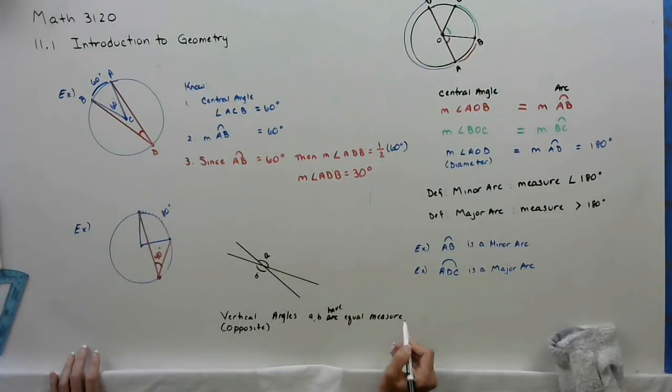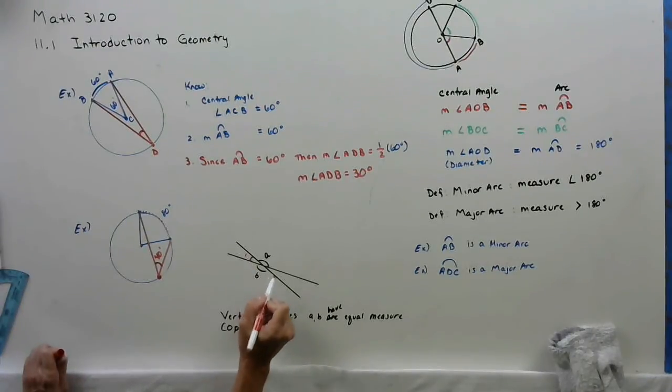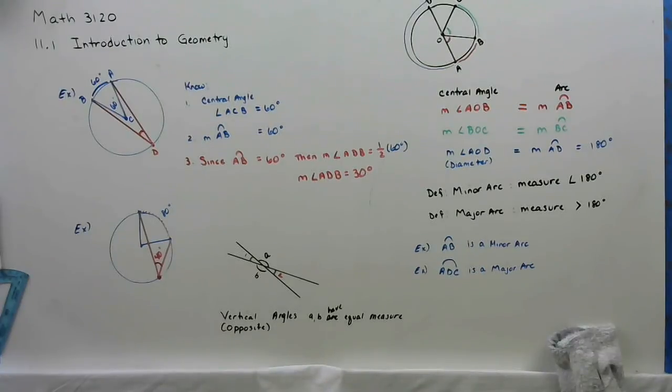So if one of them is 100 degrees, the other one is 100 degrees because they've been made with the same two intersecting lines. If I give you the other angles, I'm going to call this one angle 1 and this one angle 2. Since they are opposite of each other, they also have equal measure.